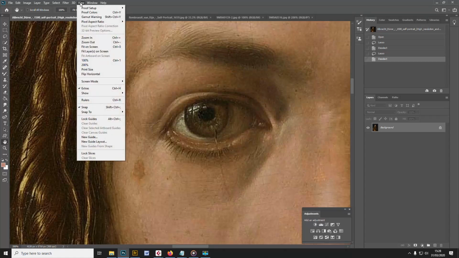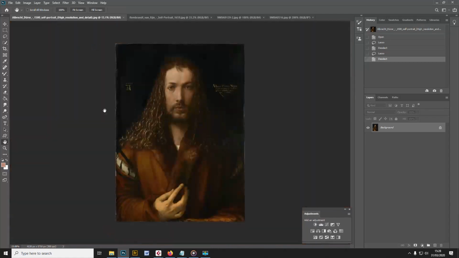And when we think of the average viewer of this painting, if you imagine you went into an art gallery and you were able to stand probably several feet away from this painting, this is the kind of impression you would get. You would not even be able to see the detail that he has painted into the eyes here.